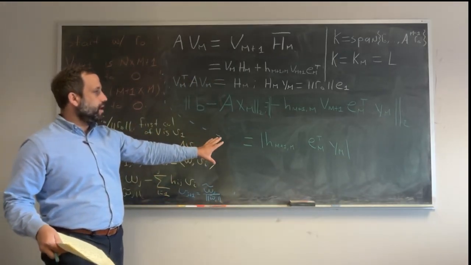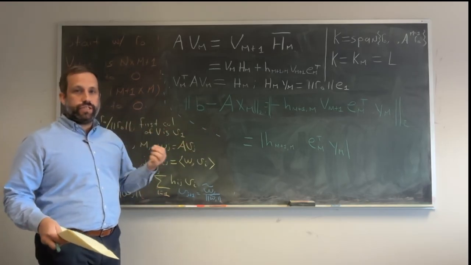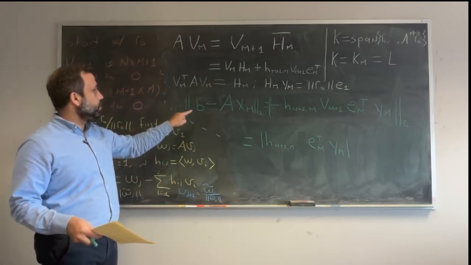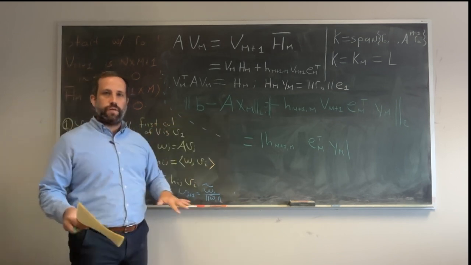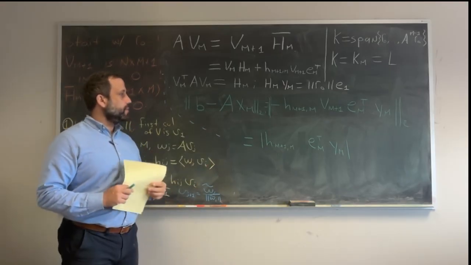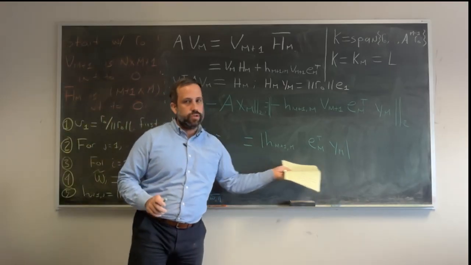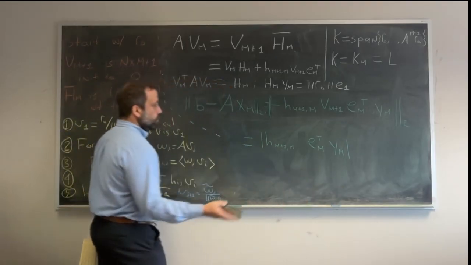This isn't less than or equal to. To compute the residual, we don't actually have to literally compute B minus AXM, which is a matrix vector product. We're not going to have to do this difference, and we're not going to have to compute the norm. It's just literally equal to this number right here. And so it's a much easier way to compute the residual.